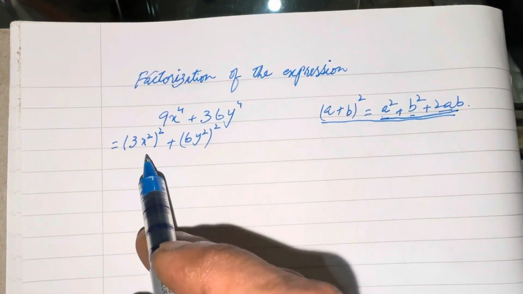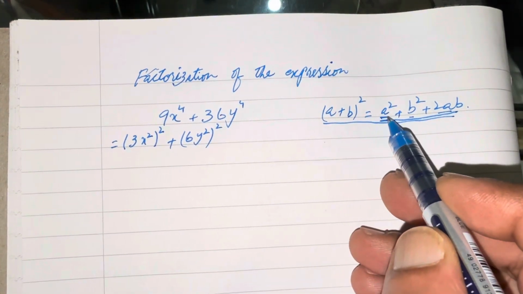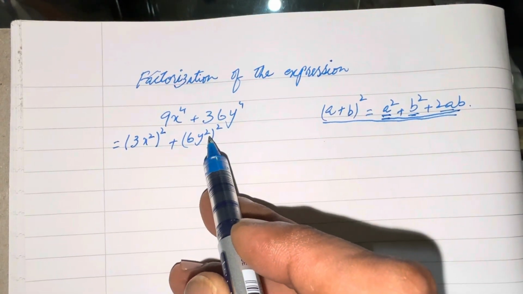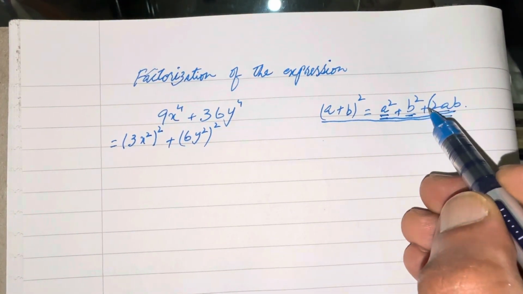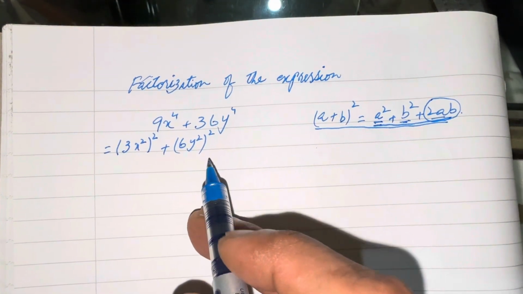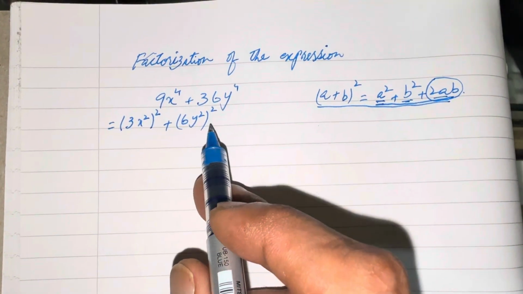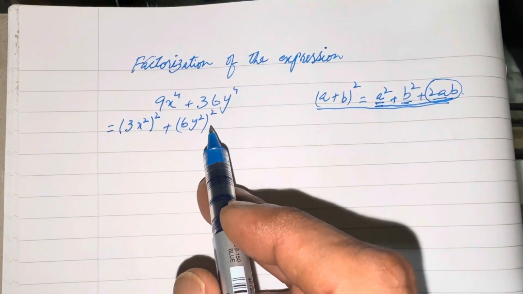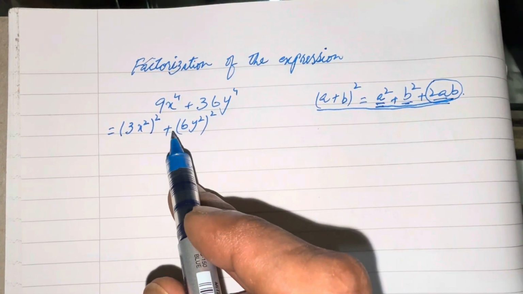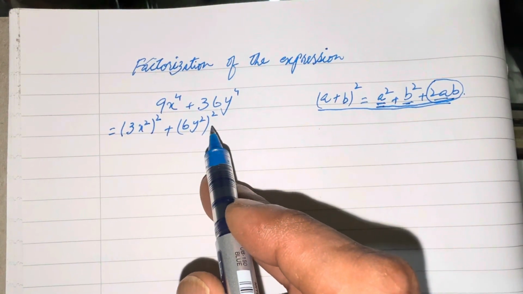So we have written these two terms in the squared form. Now we don't have the third term. I've already told you that we are going to add and subtract some expression that makes this given expression a complete square.